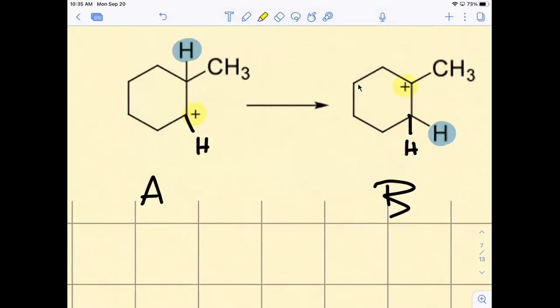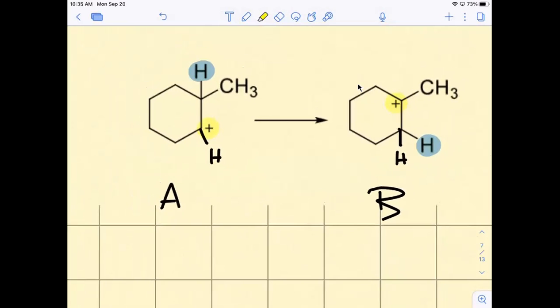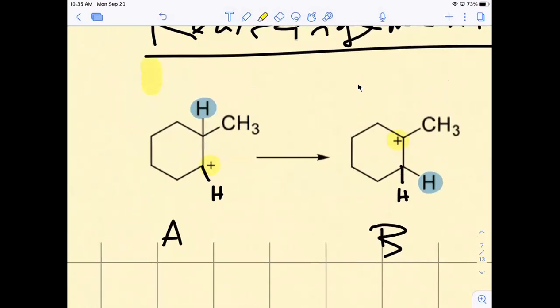All right. So it lost an electron each time. Yeah. So here's the rearrangement that this is an example of. It's what we call a hydride shift.